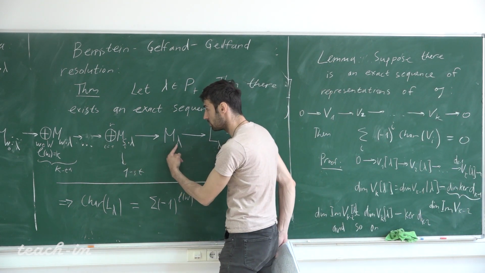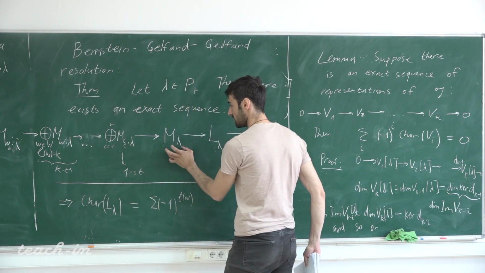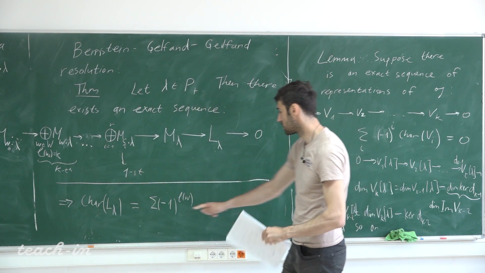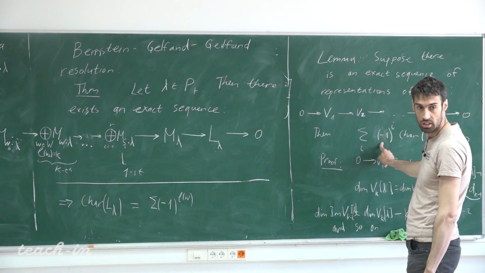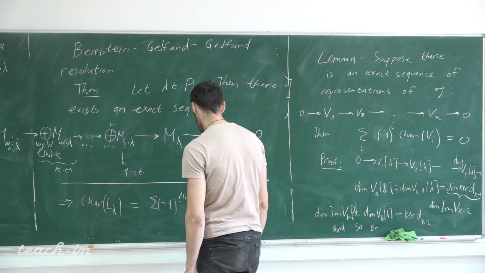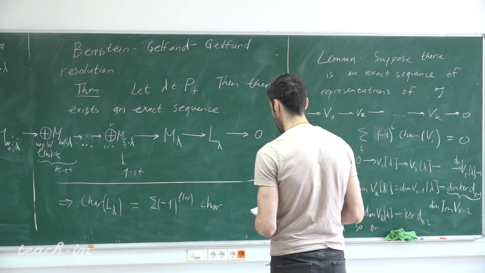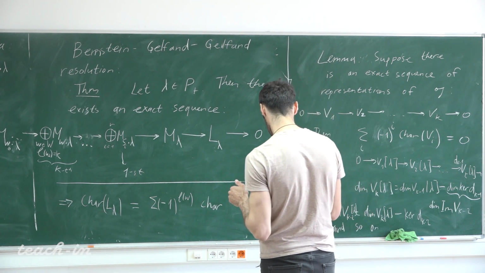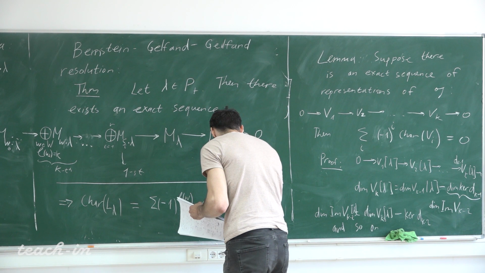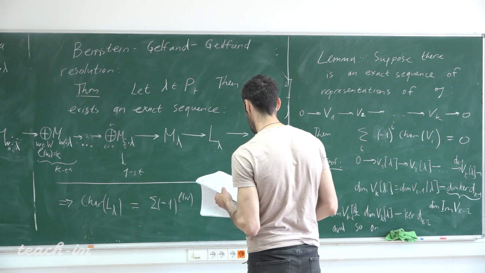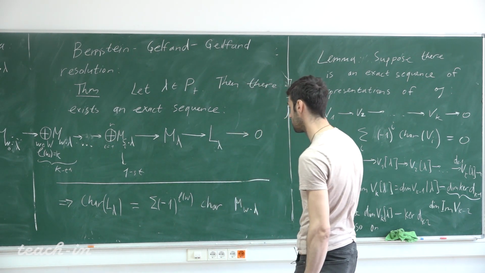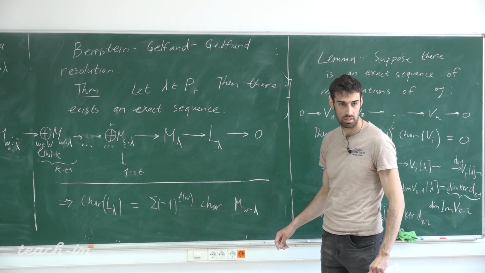Each element of the sequence is indexed by the length of elements of the Weyl group that I apply, so this is the negative 1 that appears in here, times characters of the Verma module corresponding to W dot lambda. So this is just from this lemma in this sequence, right?